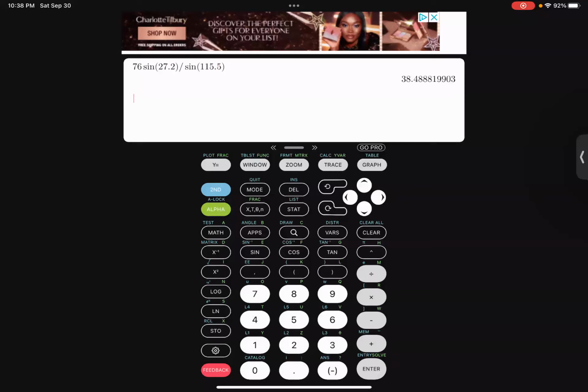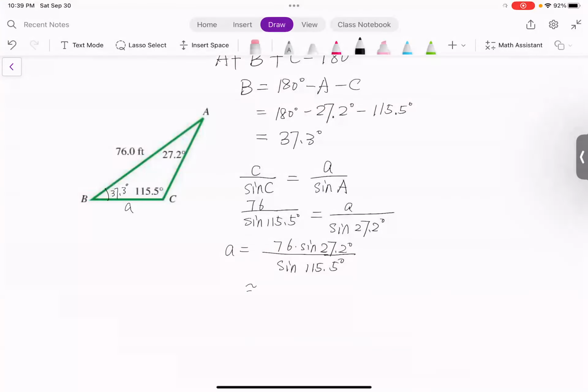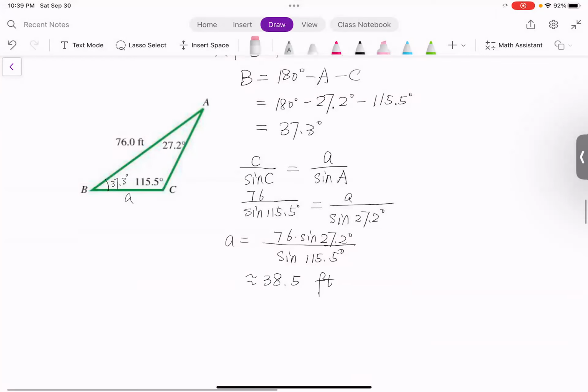Okay, so hit enter. So I'm having 38.488 something. So if I round it to one decimal place, I'm having 38.5. It's about 38.5. And the unit is feet because here we have a unit. If we have the unit, we must use that unit.